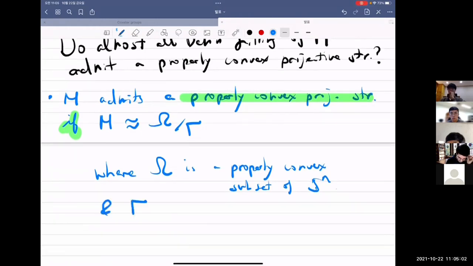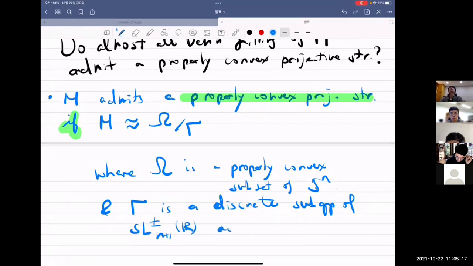And Gamma is a discrete subgroup of SL^±(n+1, R) acting properly discontinuously on Omega.